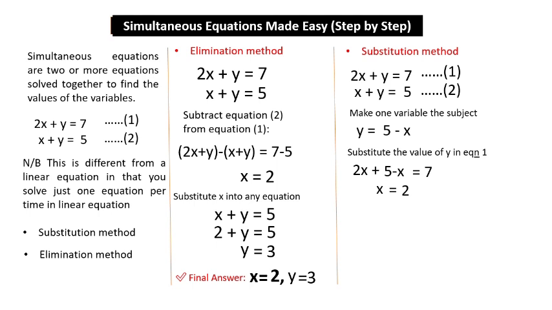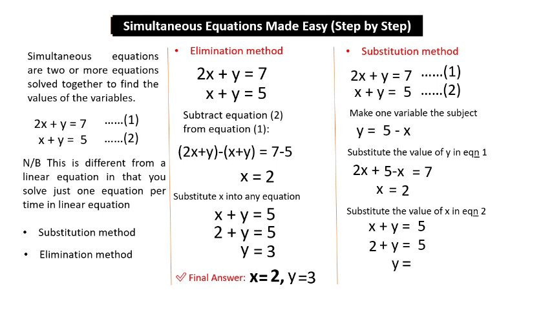Now, to find the value of y, we are going to substitute this value of x in equation 2. Equation 2 is x plus y equals 5, and now the value of x is 2. So we have 2 plus y equals 5. When you collect like terms, you have y on this side of the equal sign equals 5.